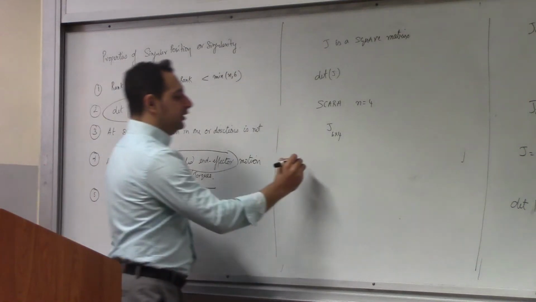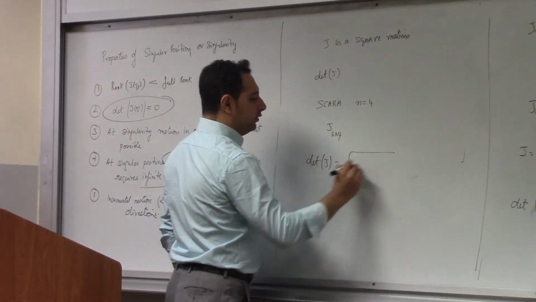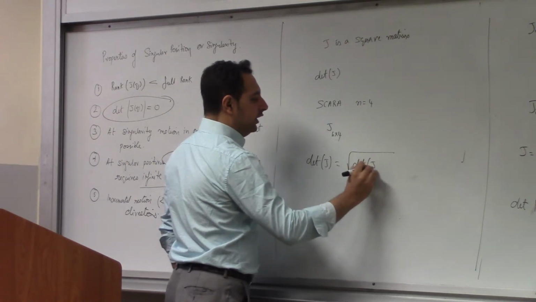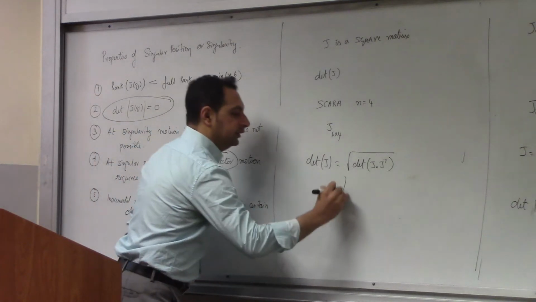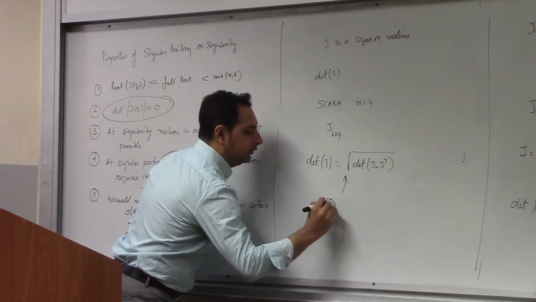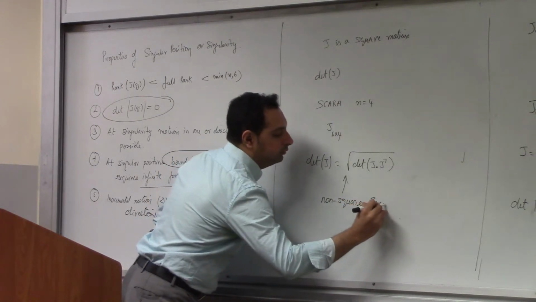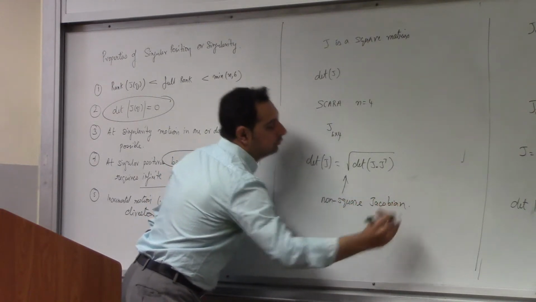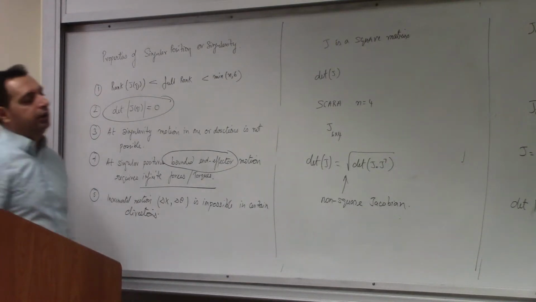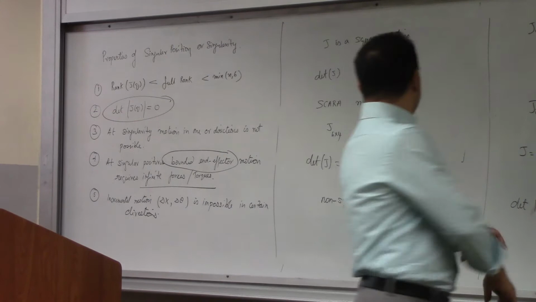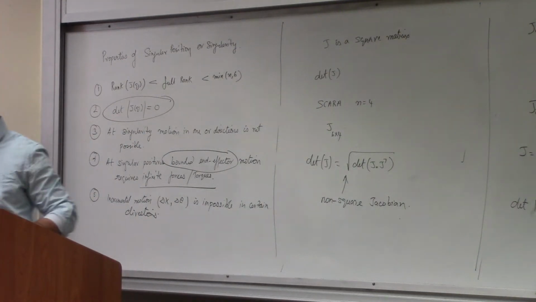In this case, the determinant of a Jacobian will be equal to the square root of the determinant of J times J transpose. This is for a non-square Jacobian. We'll have to take the square root of the determinant of J and its transpose.